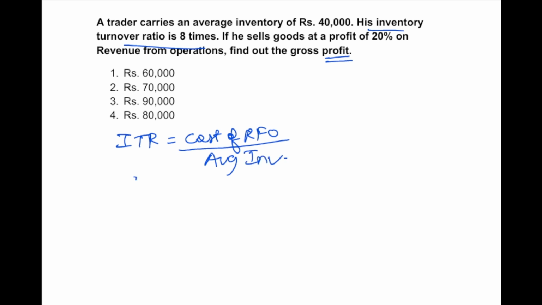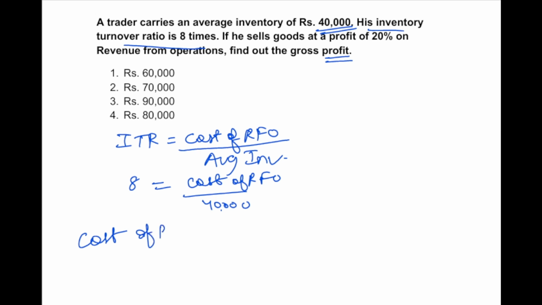Putting the value, ITR is 8, cost of revenue is not given, average inventory is given 40,000. Cross multiplying will get the value for cost of revenue from operation, 3,20,000.